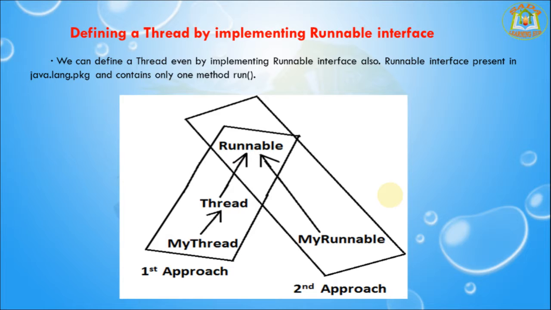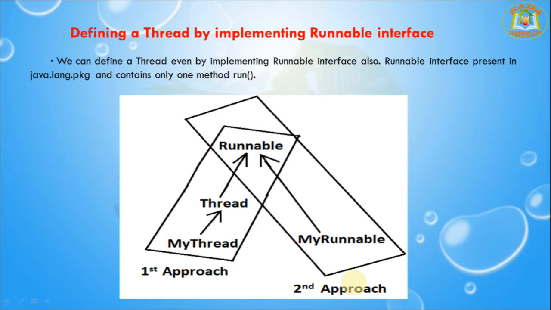In this diagram, this is our class extending from Thread, which is implemented from the Runnable interface. This is one approach. This is the other approach, where our class directly implements the Runnable interface.